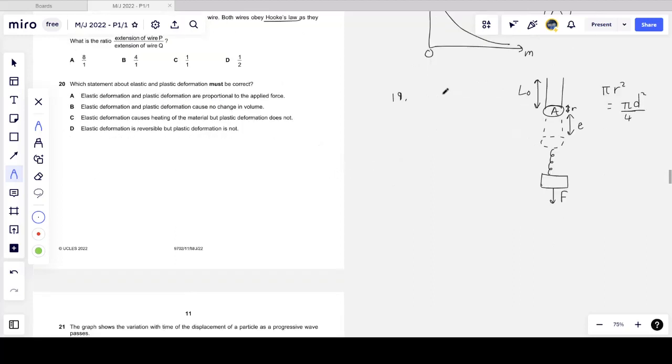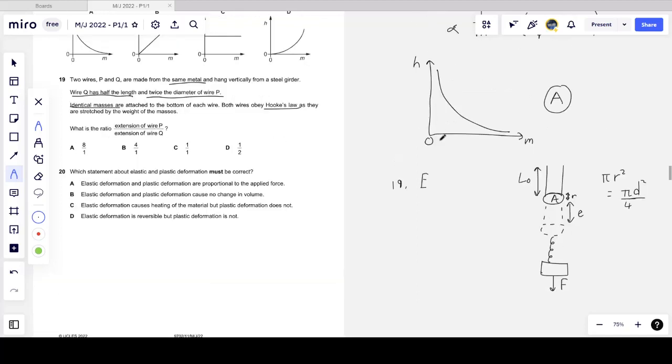So what I know is that the Young's modulus E is the force that's applied, F, times the equilibrium length L0 divided by the extension E times the area A. This is the Young's modulus.